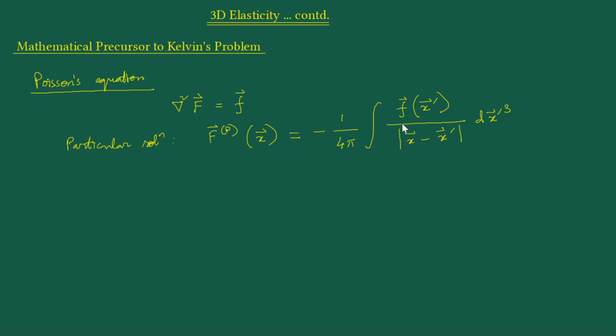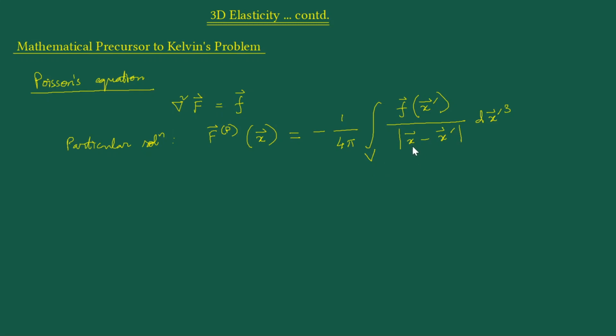You understand that this entire integration is with respect to this x dash vector. The cube here represents that this is basically a volume integral. Possibly some of you are more familiar with the representation that we put 3 integral signs here for a volume integral. If you want, you can do that. What I basically mean is that I am integrating this over the entire volume of concern.